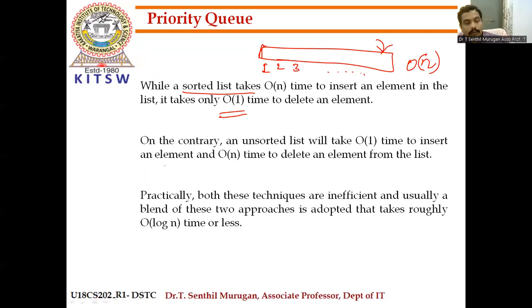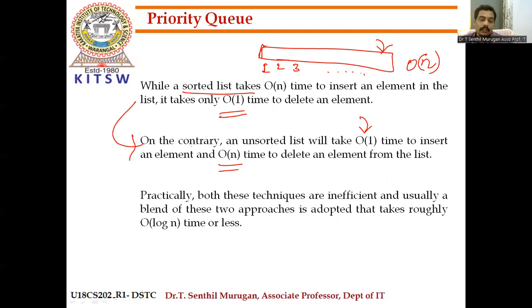So order of 1. On the contrary, in the case of an unsorted list, wherever we want, we will insert, because it is not sorted. But whenever we want to delete, we have to check one by one. Who is the first highest priority, then who is the next priority, up to the given priority. We will check all the elements, then we have to find the maximum priority.